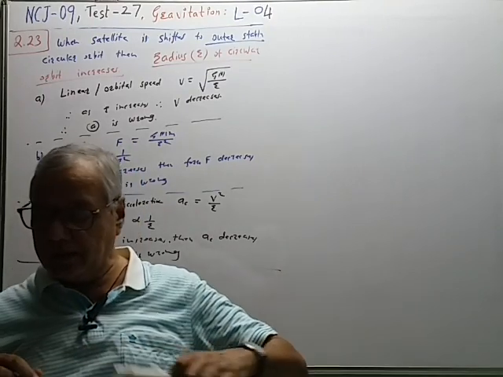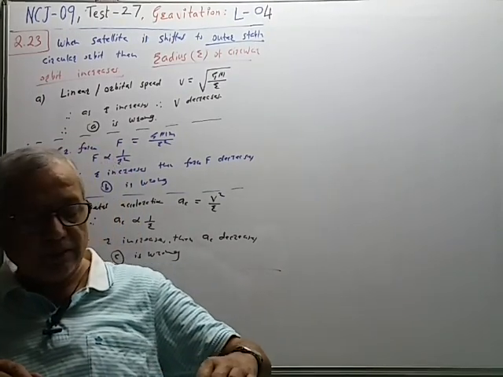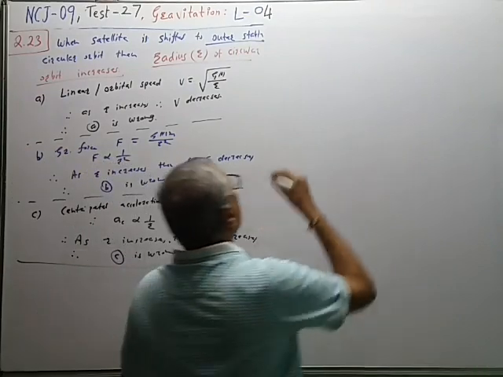And what is the quantity in D? That quantity is gravitational potential energy.